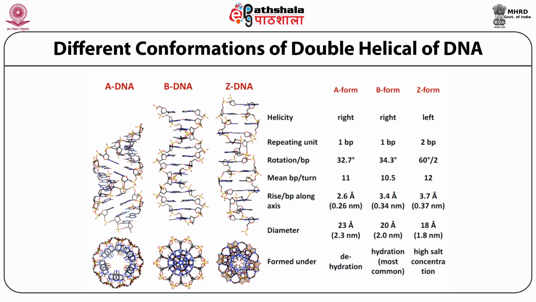A-DNA has a diameter of 2.3 nanometers, a little more than B and Z, and A-DNA is more compact, but Z-DNA is more stretched. Regarding formation conditions, A forms in dehydration, most commonly we get B-DNA, but under some conditions of high salt concentration we get to see the Z form.